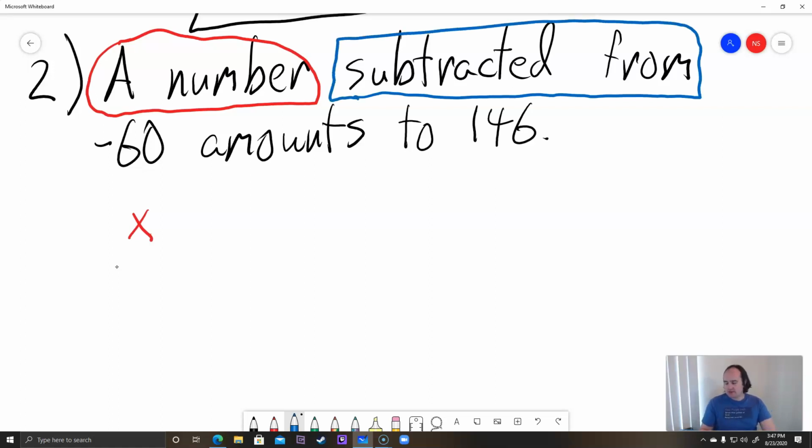But the question is, does it mean x minus -60, or is it -60 minus x? And the answer is actually, the order is switched around. So it's actually going to be written as -60 minus x. So x is a number. Subtracted from means minus, but you switch the order.